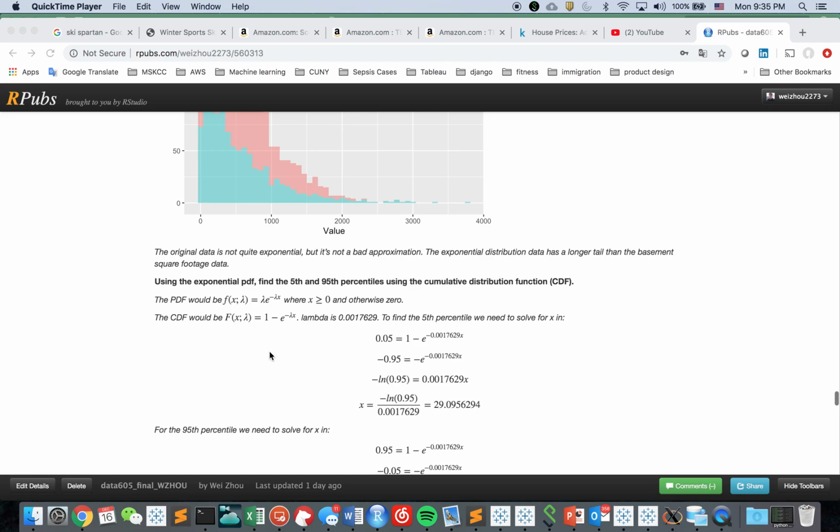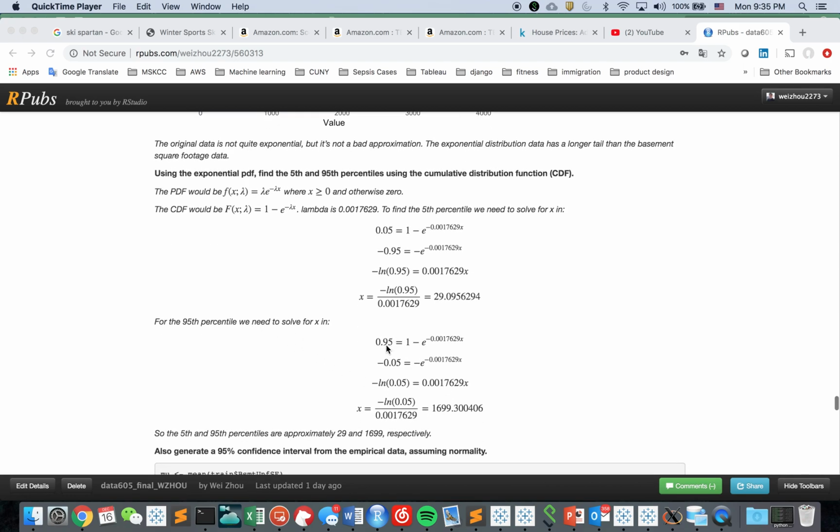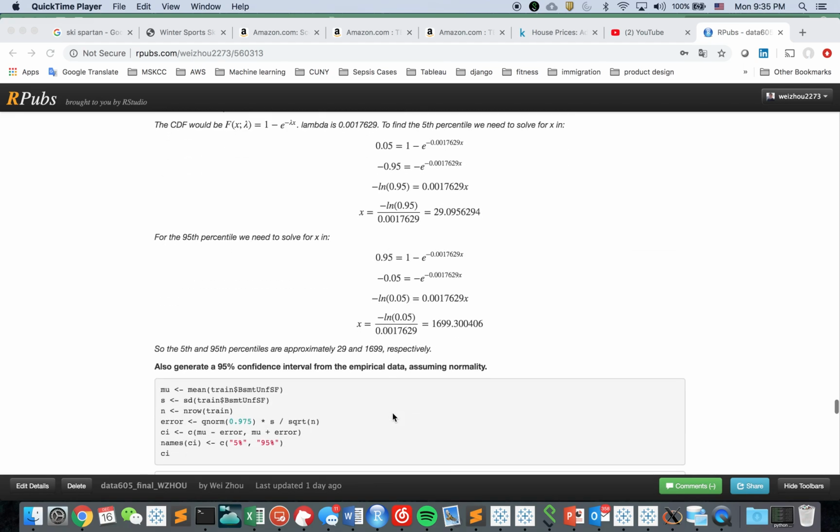Here I'm using this equation, applying 0.05 to it, then we can get the 5th percentile equals 29.0956, and applying 0.95, we can get the result that the 95th percentile is 1699.